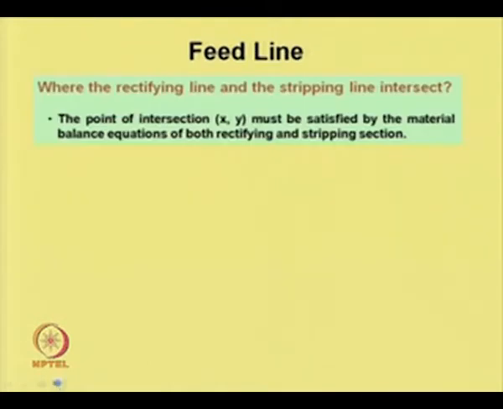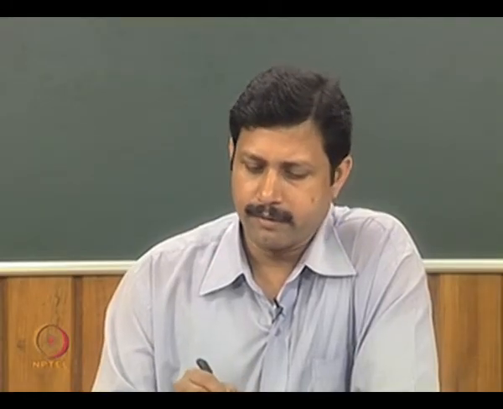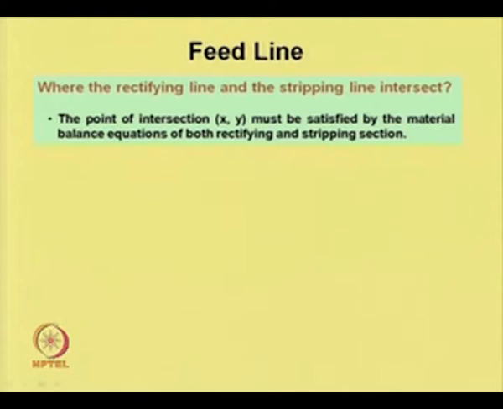Now, we will discuss the feed line. This is important because it will be very useful to know where the rectifying line and the stripping section line intersect. The point of intersection between the stripping line and the rectifying line should meet at an intersection point x, y.